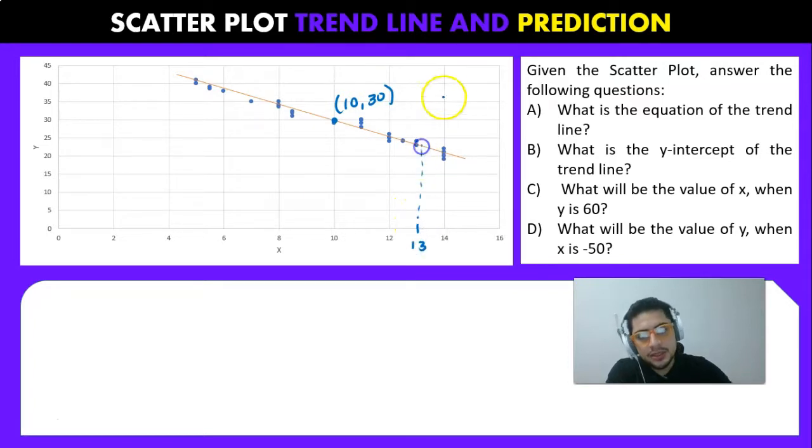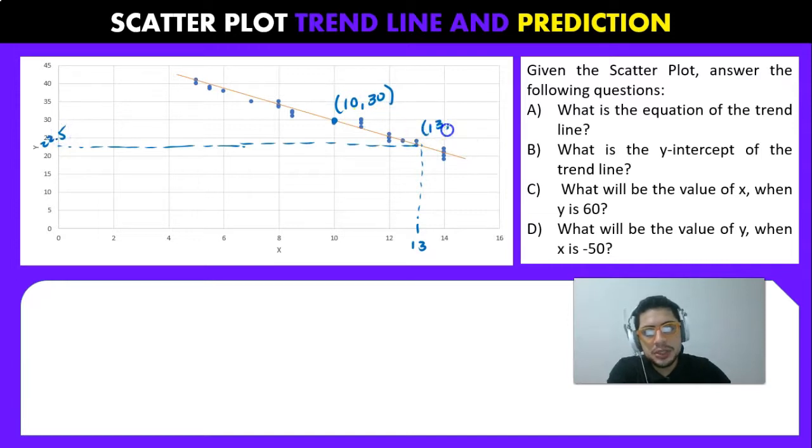And we see that when the value is 13, then we're going to have a value of around 22.5 because it's in the middle between 20 and 25, so 22.5, right? So we can call this point 13 and 22.5, right?